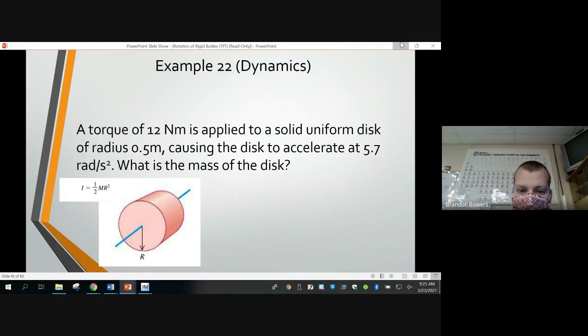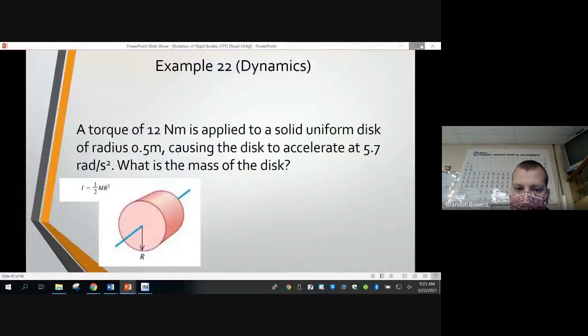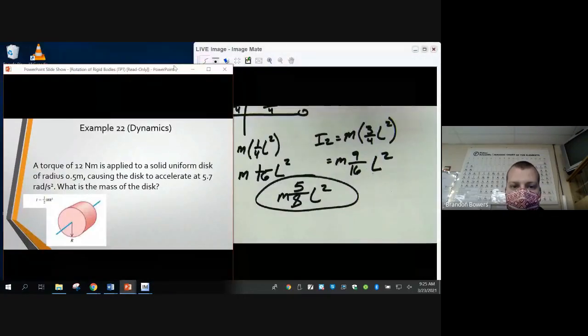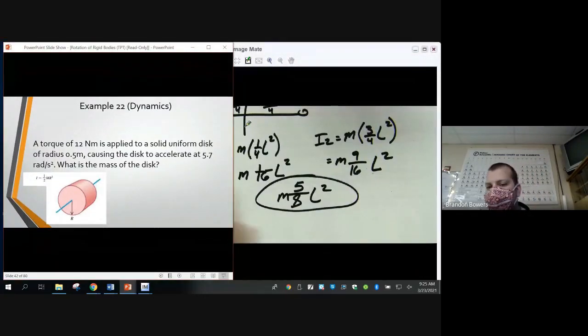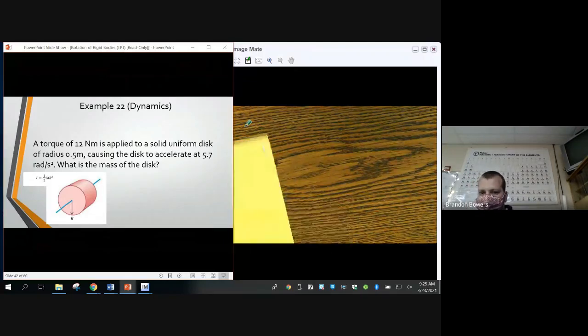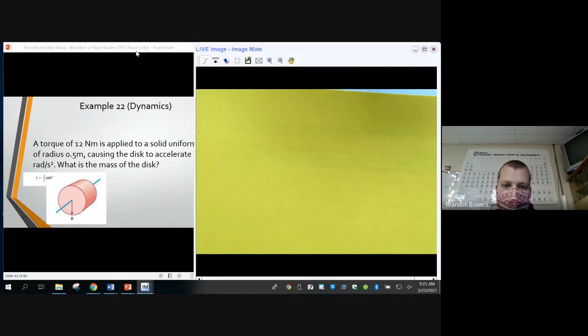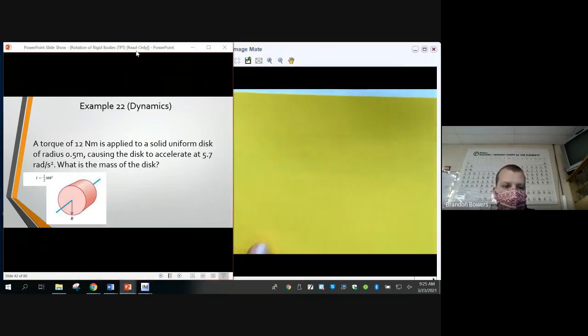So that would be alpha, right? If we are trying to solve this, a torque of 12 Newton meters.